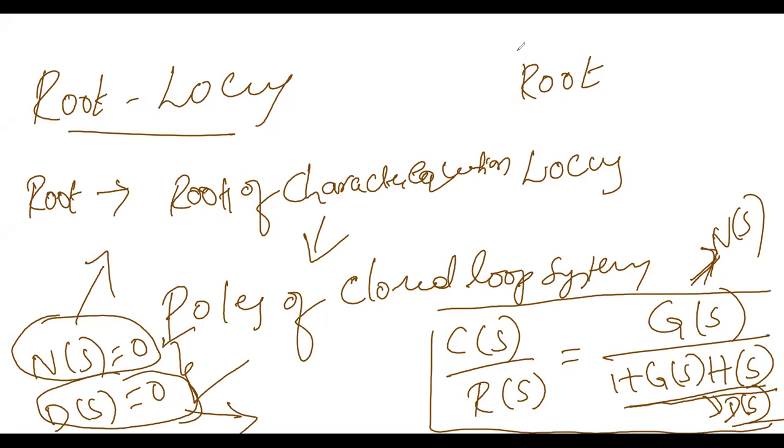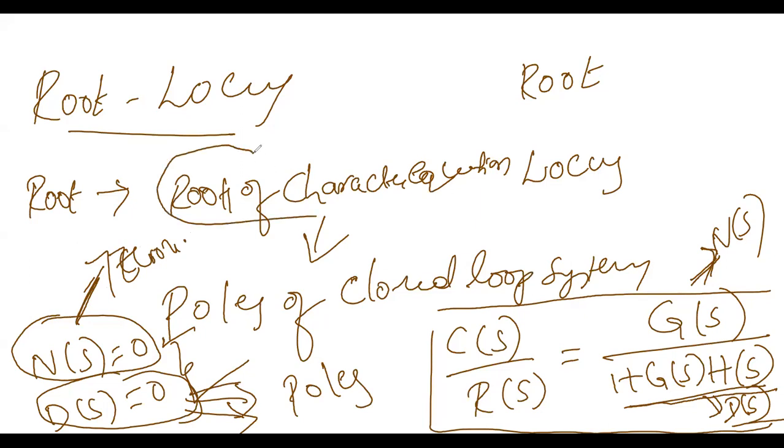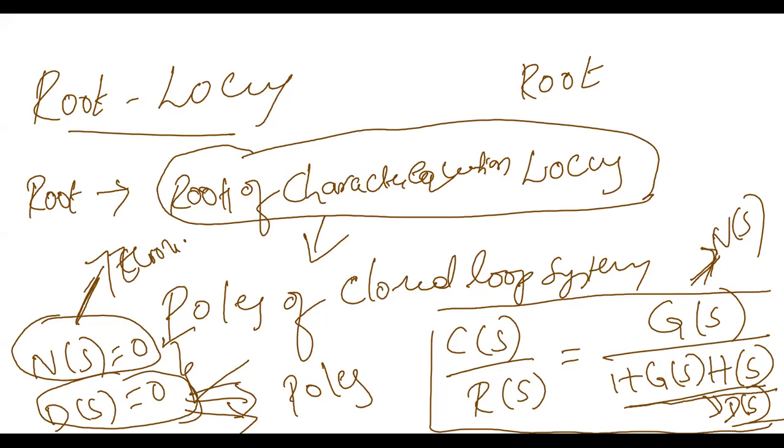D(s), poles, sir. Right. When you equate D(s) equal to 0, we are getting closed loop poles. From N(s), zeros, sir. Right, closed loop zeros. So D(s) equal to 0 gives the roots of the characteristic equation.